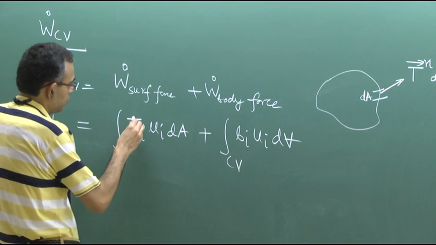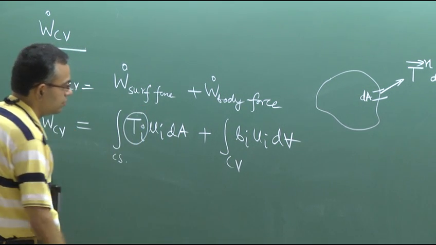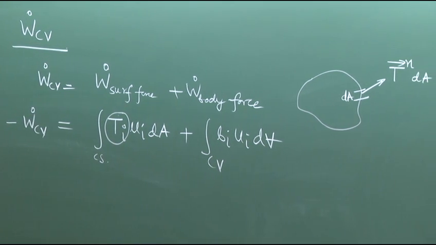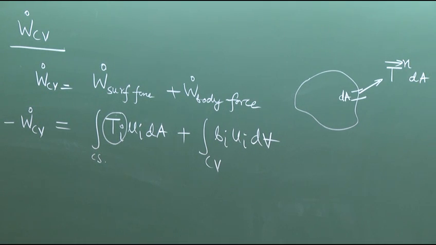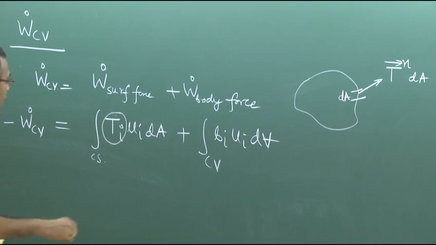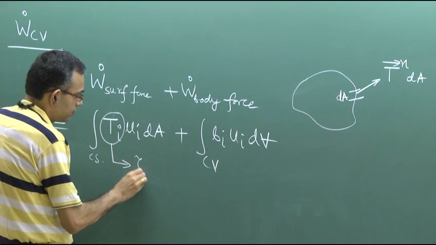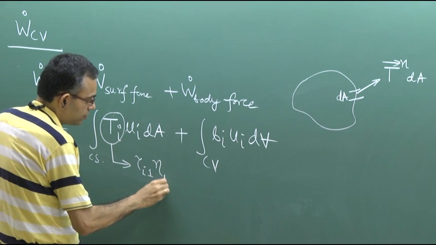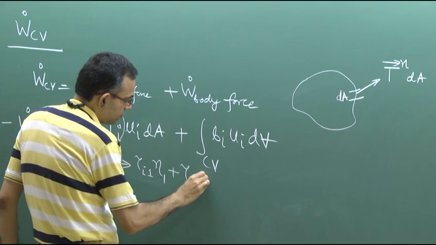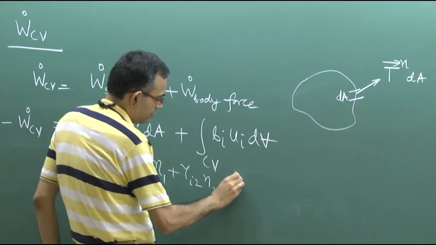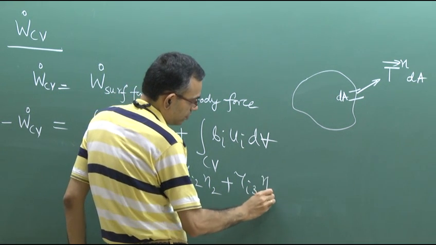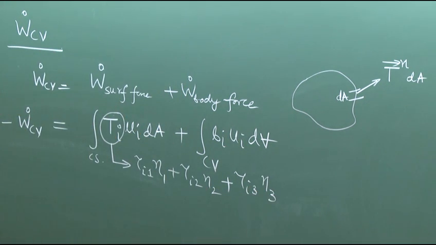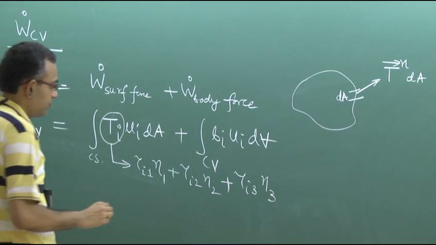Now, what is Ti? Ti could be written by using Cauchy's theorem. So, Ti is this tau ij eta j, right, Cauchy's theorem.